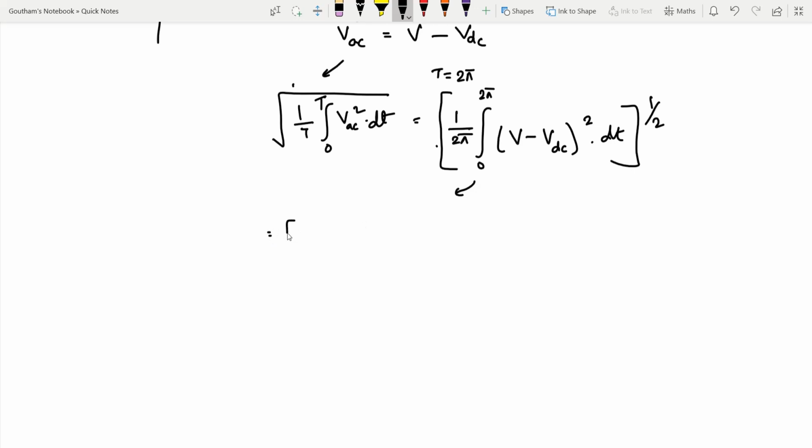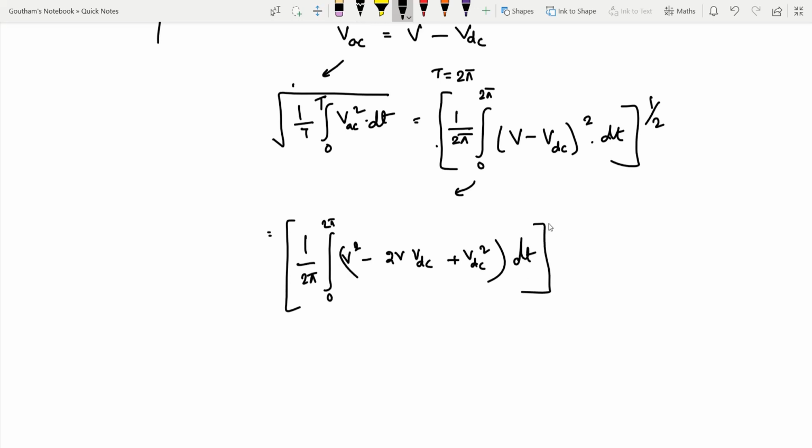What is (a minus b) whole square? a square minus 2ab plus b square. So this is 1 by 2 pi integral 0 to 2 pi of V square minus 2V into VDC plus VDC square, into dt, and the whole thing is under a square root.